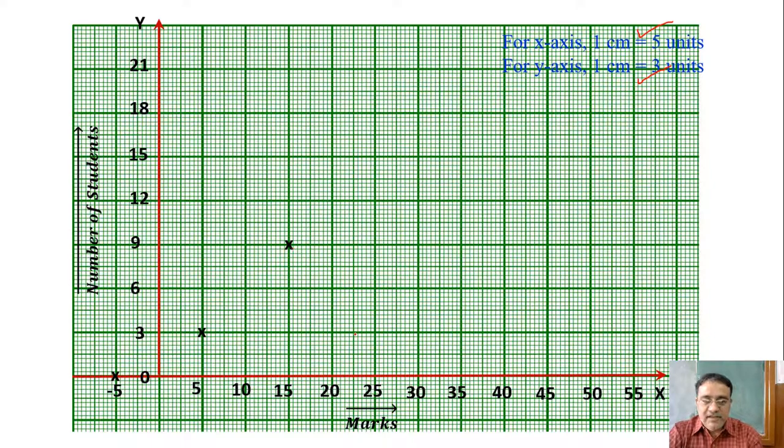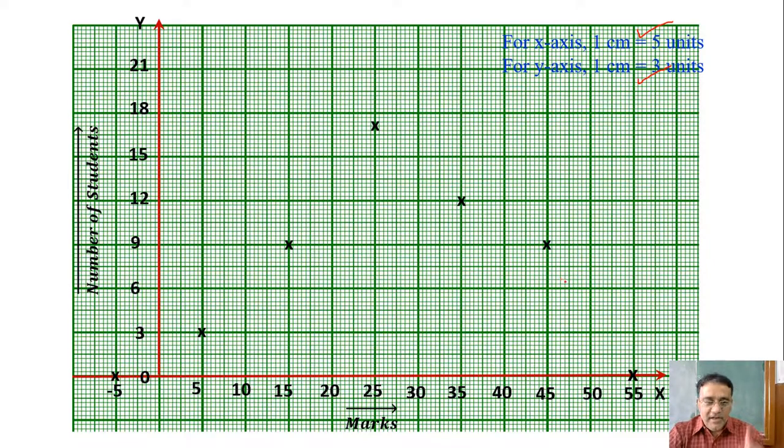And 25, 17 approximately, will come here. And the next one is 35, 12, so it will come over here. And the last one is 45, 9. After that, we also took 55 as 0. So plotting is clear for section A.